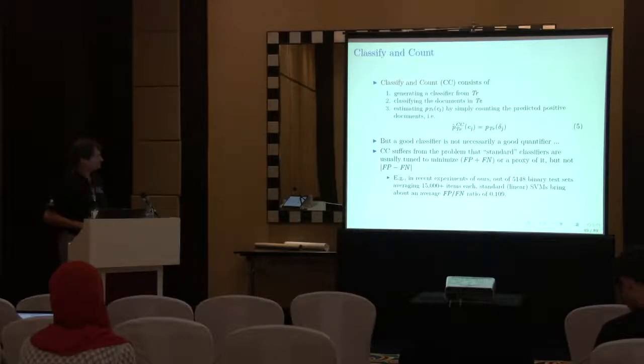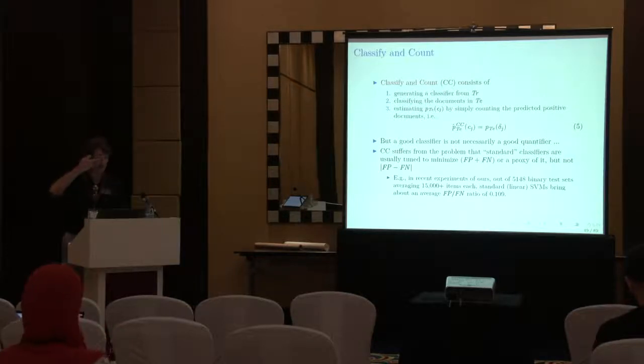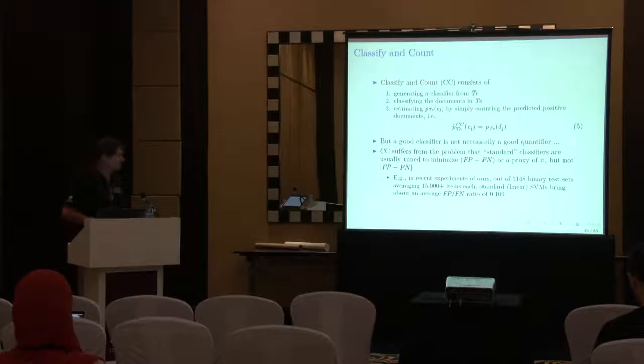So in a sense, standard classifiers like, say, linear SVMs are tuned to minimize either the total amount of mistakes or some proxy of it, such as the hinge loss, but not a measure that we instead are interested in, which is the absolute value of the difference between the false positives and the false negatives.